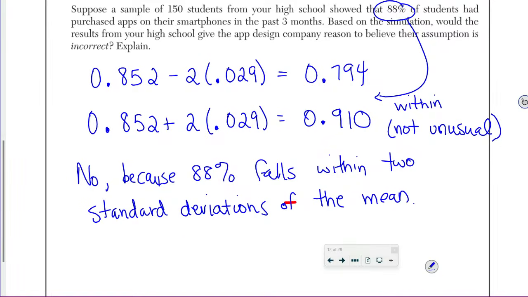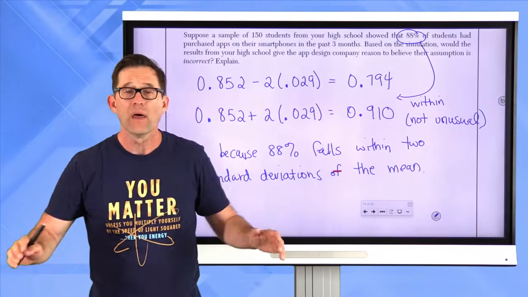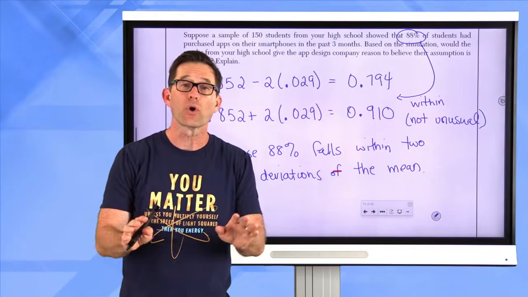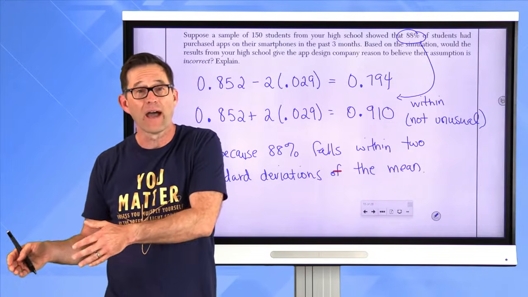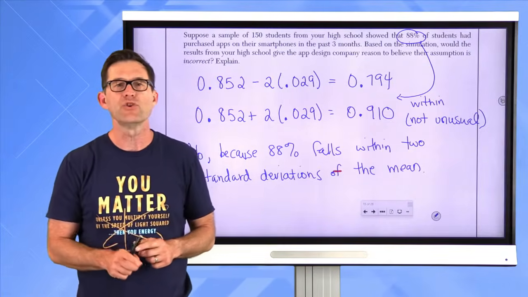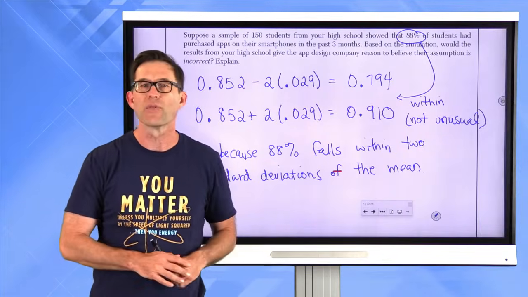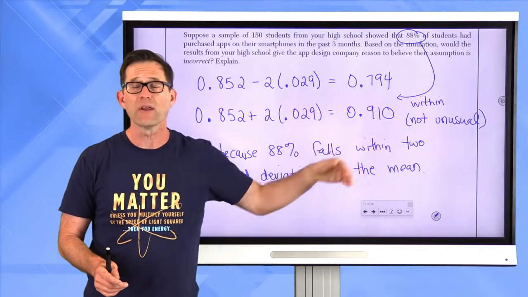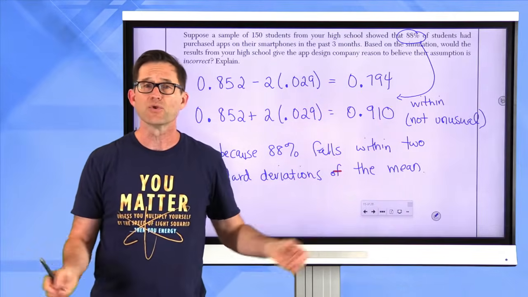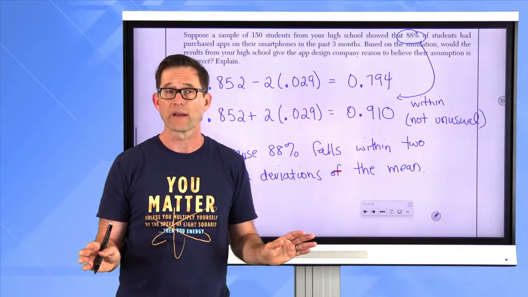So if we fall outside of 2 standard deviations of the mean, then we are so unusual that we're occurring 5% or less of the time, and therefore not likely to have occurred by chance alone, and likely there's just something wrong with our assumption. But here, that 88% falls within that interval, which means it's not unusual, so the app developers have no reason to believe that their assumption is incorrect.